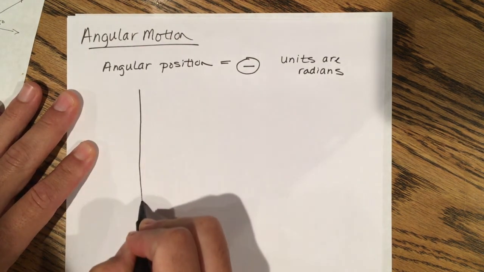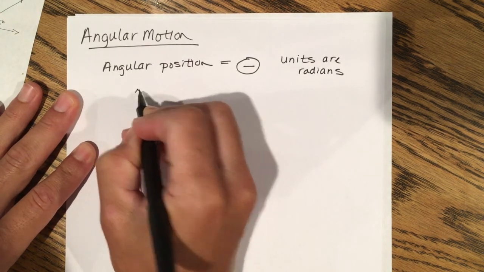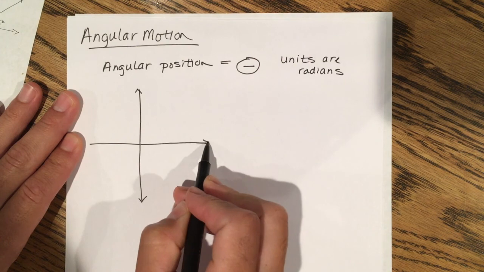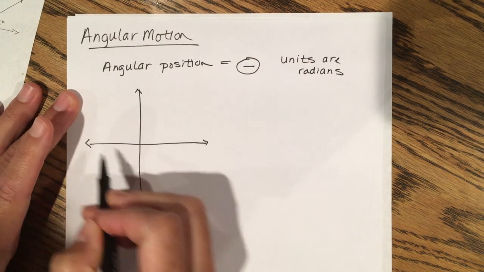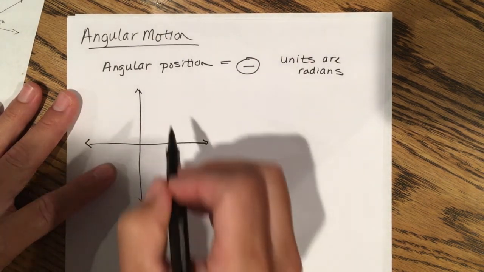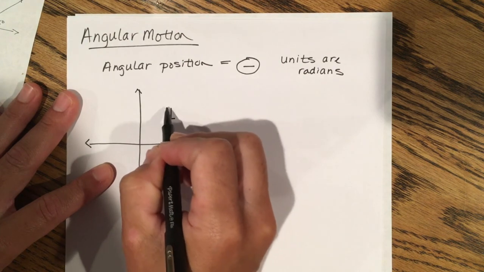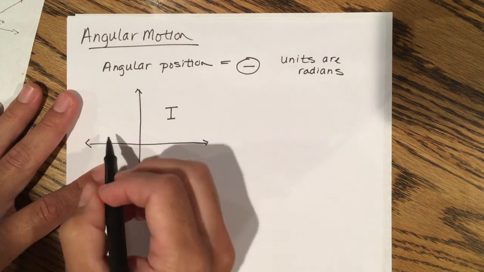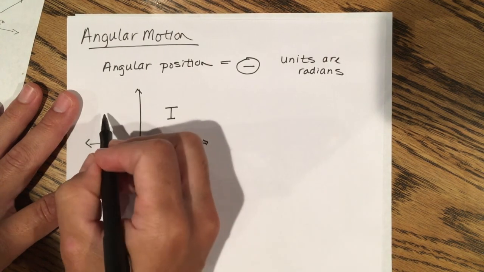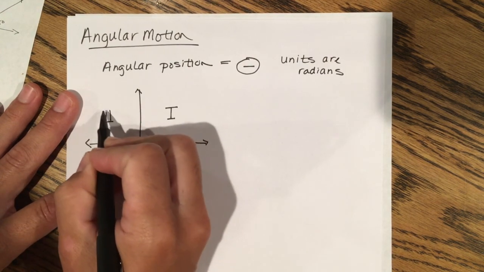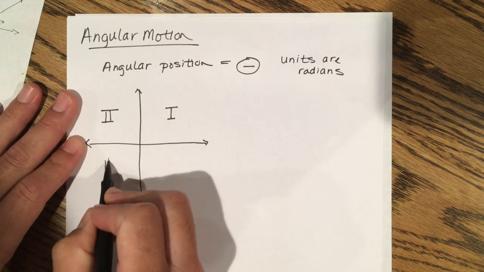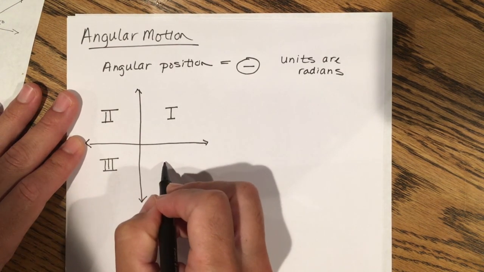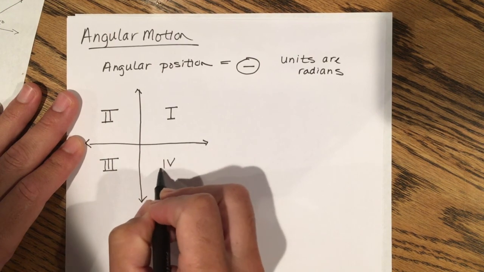What I want to do here is draw an XY axis. And if you remember from math class, we had quadrants, right? This was the first quadrant, positive x, positive y values. Negative x, positive y values in the second quadrant. Then the third quadrant, both being negative, and then positive x, negative y in the fourth quadrant.